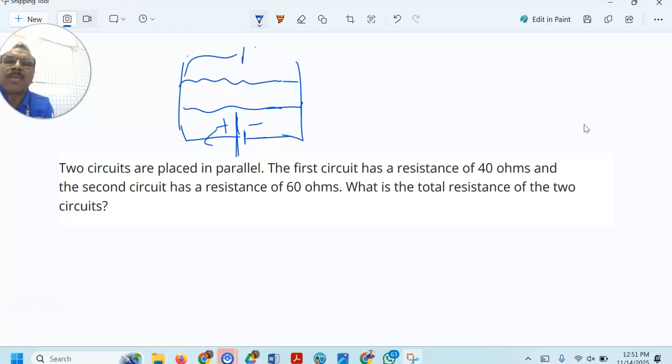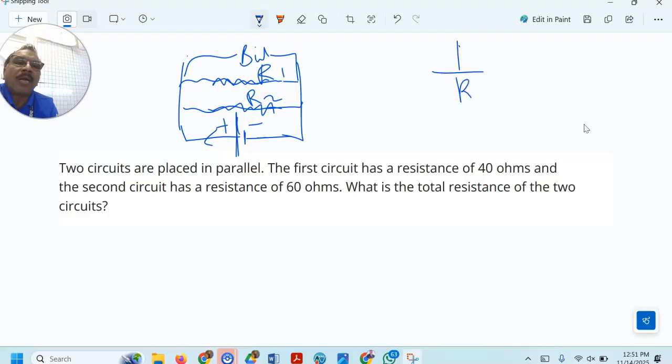These are the resistances which stop the flow of the current, like R1 and R2. So we'll think of only two resistances. Your total resistance is 1 over RT, this is our main equation, 1 over R1 plus 1 over R2, because he's talking about two resistances.